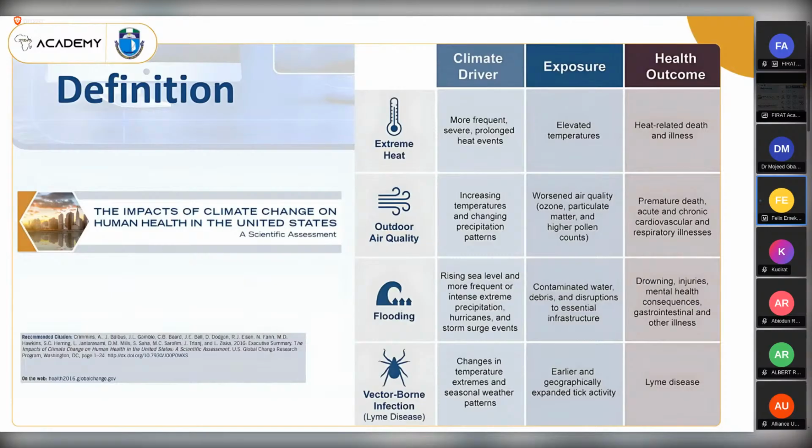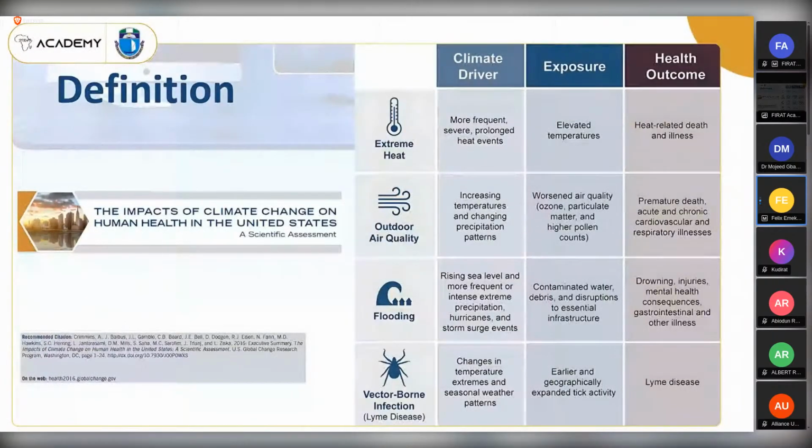So for the second example, the exposure is worsened air quality, that is, ozone, particulate matter, and higher pollen counts. What is the health outcome here? Premature death, and acute and chronic cardiovascular and respiratory illnesses. So you would see that exposure to worsened air quality will result in premature death, and also acute and chronic cardiovascular and respiratory diseases.